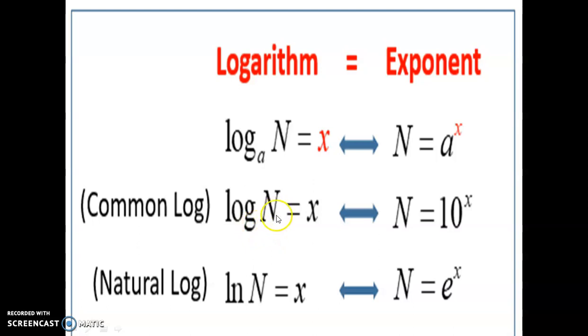So log n to the base 10 is equal to x. Then we can write n is equal to 10 raised to x. Natural logarithm ln of n is equal to x. Here the base is always e and denoted by ln. So we define n is equal to e raised to x.